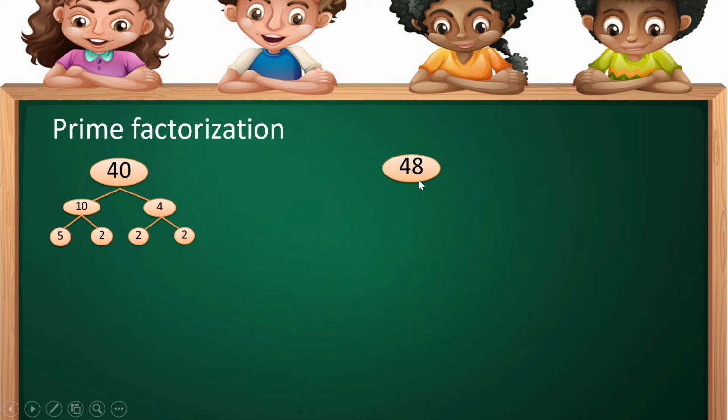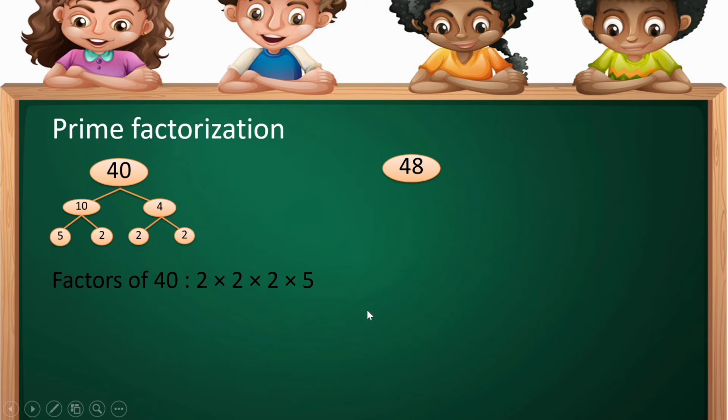Next, for the number 48, think of two numbers that when you multiply them, give you 48. By the way, these are the factors of 40: 2, how many 2's? 1, 2, 3. 2 times 2 times 2 times 5.